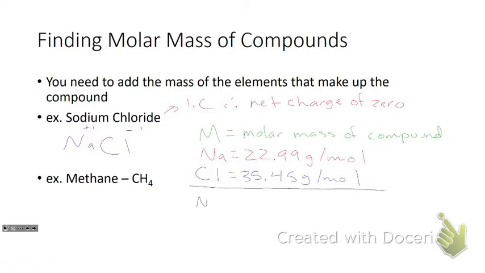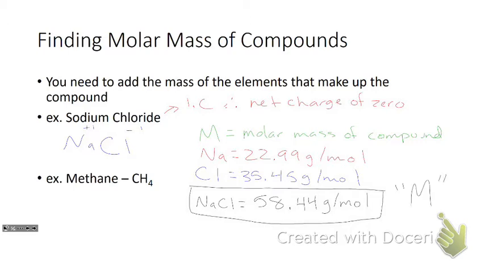NaCl is equal to, so this is where you guys should have your calculators out, 58.44 grams per mole. And again, this would be our big M, because this is the molar mass of a compound, okay? Molar mass of the compound.